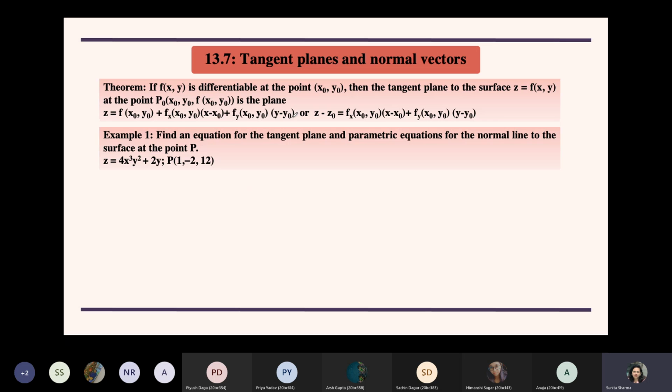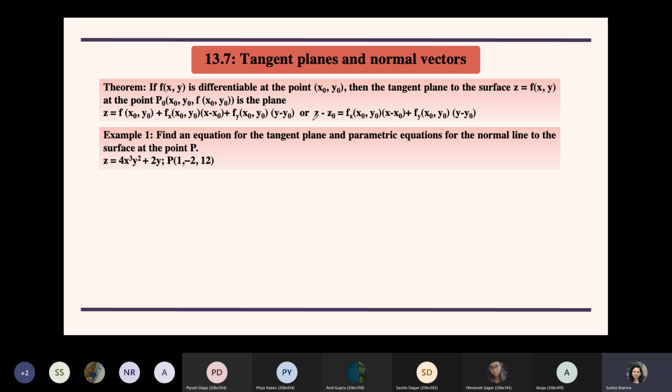It's up to you. If you want, you can go back to your previous question and use capital F for the same, or you can use small f here. When you separate z and take small f, you can also use this formula. And f of x naught, y naught is nothing but z naught.